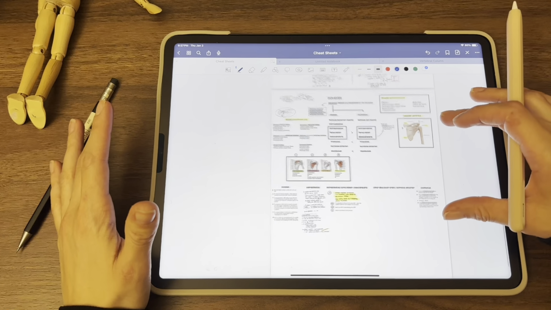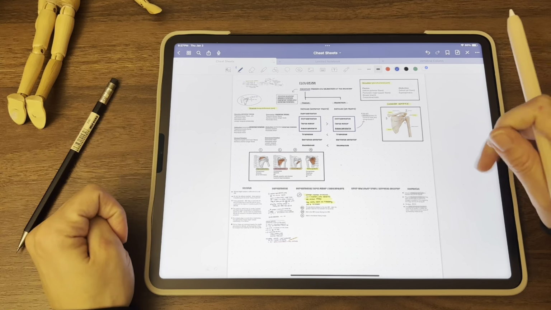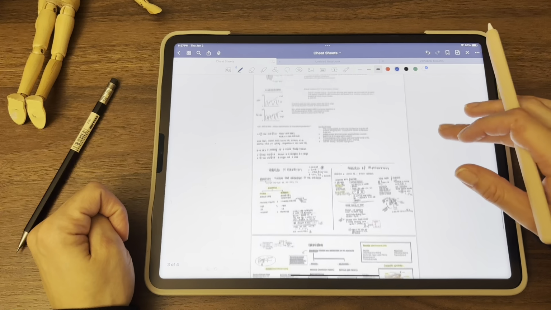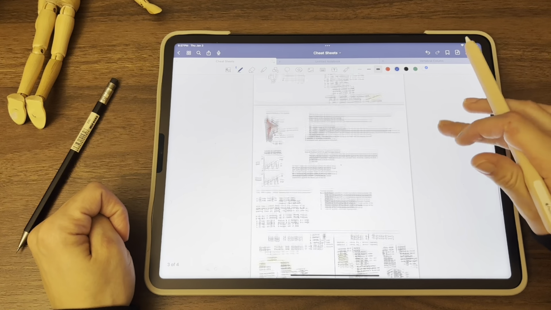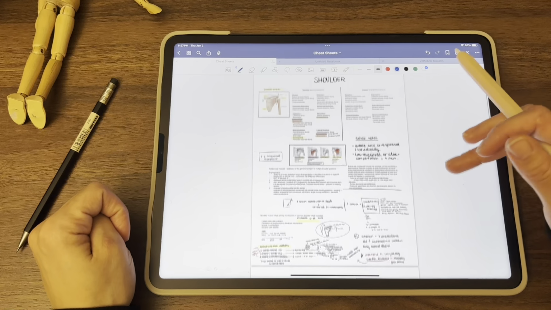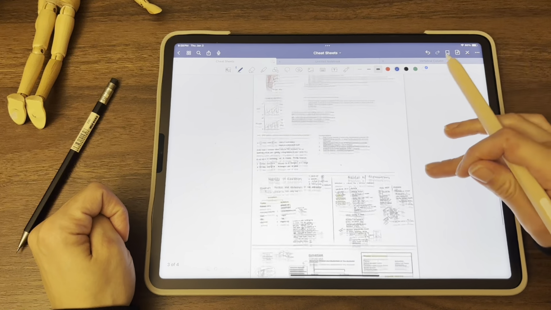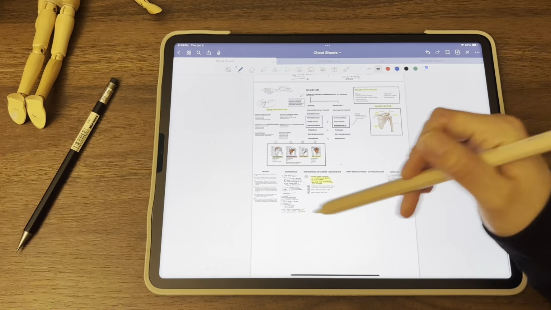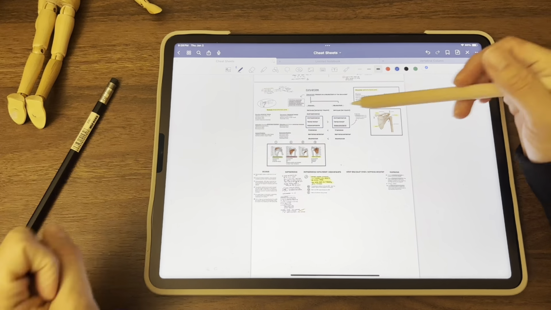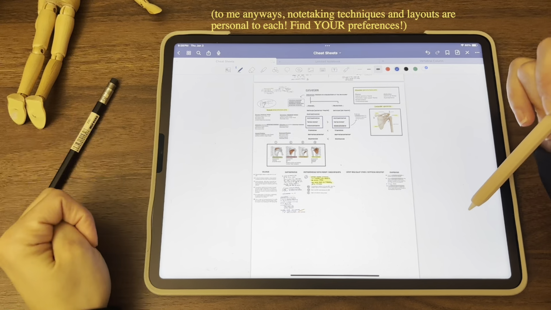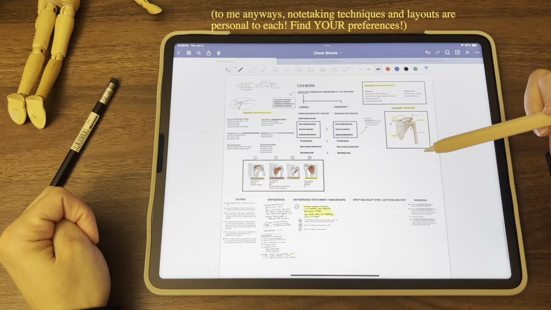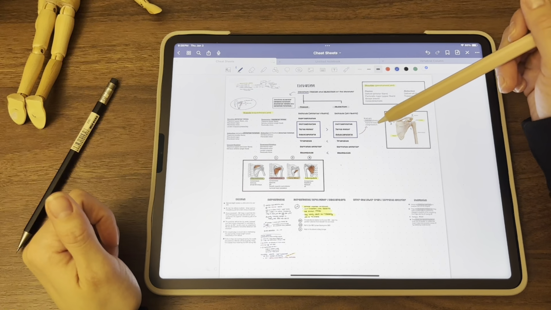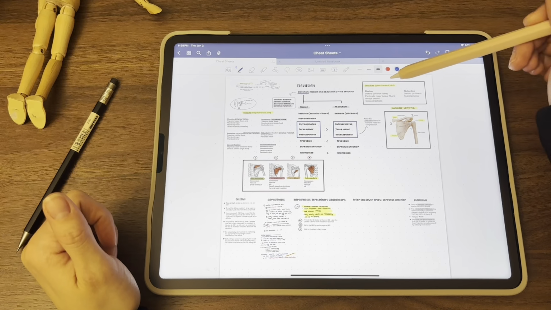But then I think I found the right structure, and honestly, you can already see the difference. Information that was spread out on 1, 2, 3 pages, I was able to summarize on a little bit more than half a page here. But at least things are making sense, and I'm seeing how everything is tied together, and obviously making the distinction between movements at the scapula versus the glenohumeral joint.